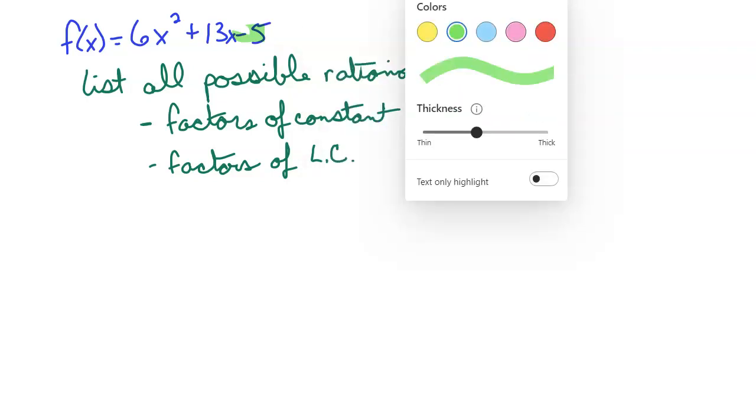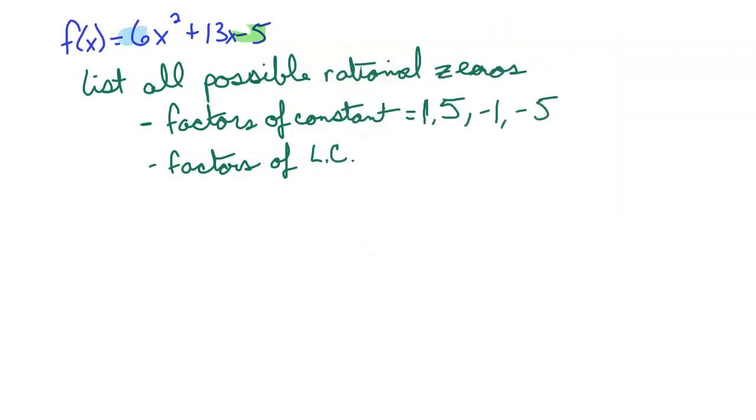My leading coefficient is a 6. So the factors of a 6 are a +1, a +6, because 1 times 6, a +2, a +3. Then I have the negative version of every single one of those. So notice I have a lot of positives and negatives here.